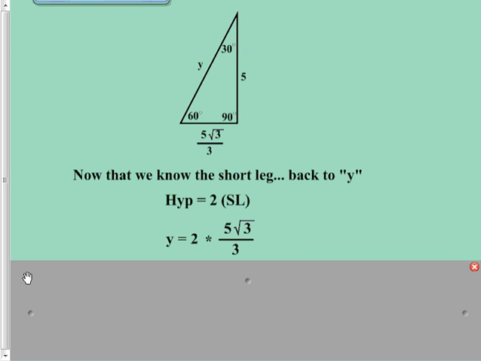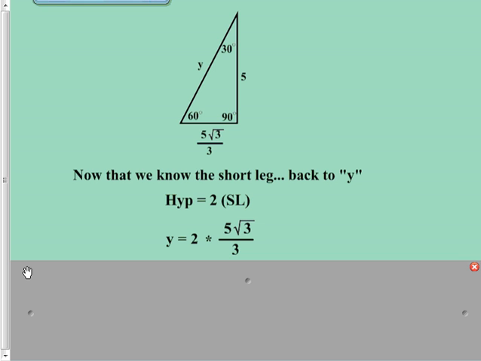We have a 2 times 5 square root of 3 over 3. Now that 2 is in the numerator. Remember, everything is a fraction, even if it is not written like one. So that is 2 over 1 times 5 square root of 3 over 3. So numerators with multiplication are going to go get other numerators.